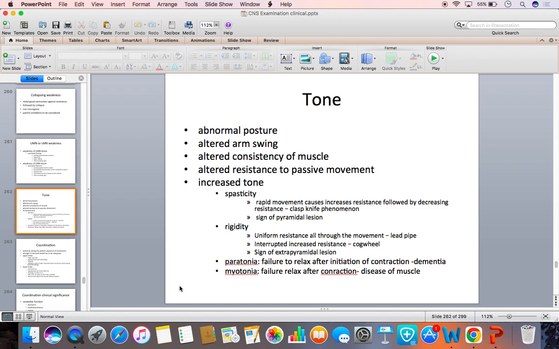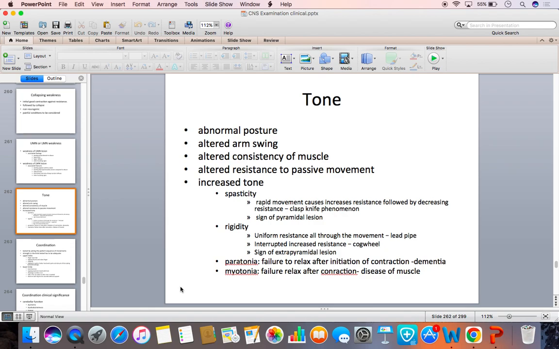Coming to the tone, what is tone? How do you test? The resistance against passive movement around a joint. This can be tested by looking at the posture, altered arm swing, altered consistency of the muscle, and altered resistance to passive movement.